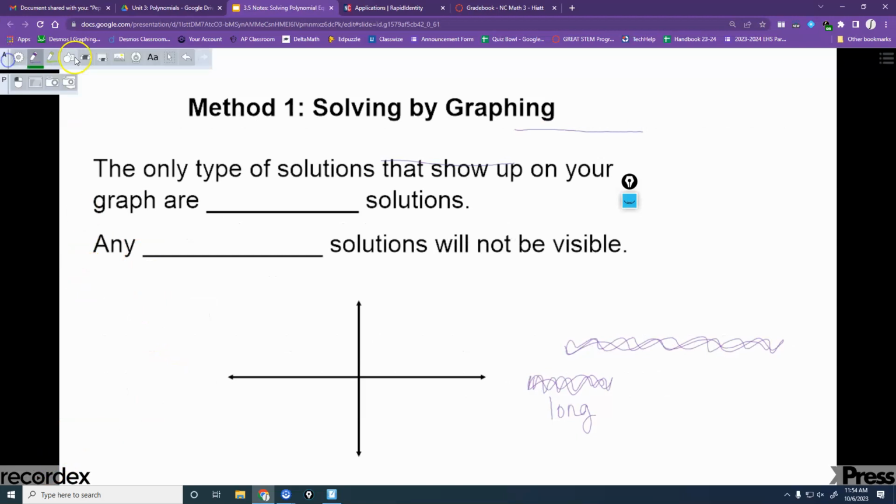All right, so graphing works great as long as the solutions that show up on your graph are real solutions. Any imaginary solutions will not be visible. So, for example, if I have a graph that looks like this, I can only see one real solution.